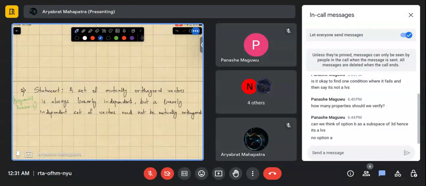In problem 6, there are some statements, and it has asked which statement is true. I have written the correct statement here. The thing is we have to prove it.